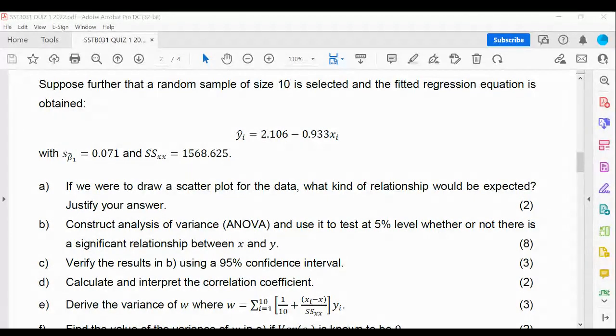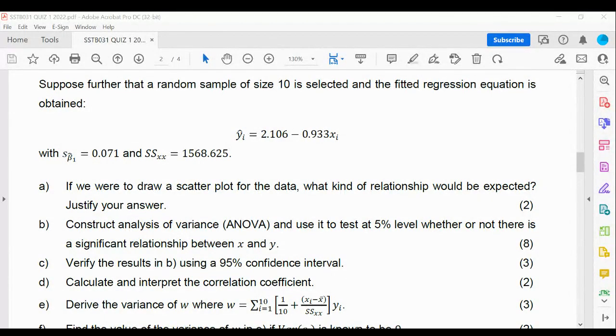So the first question: if you were to draw a scatter plot, what kind of relationship would you expect? It's obvious from the fitted model that we have a linear function, but we don't stop there.